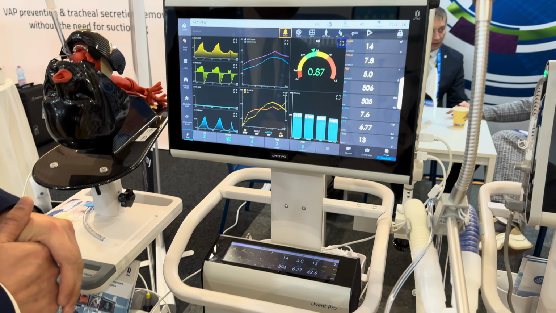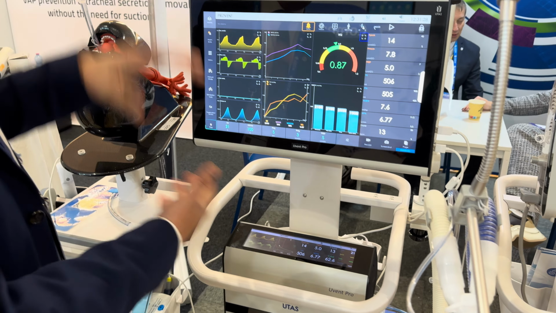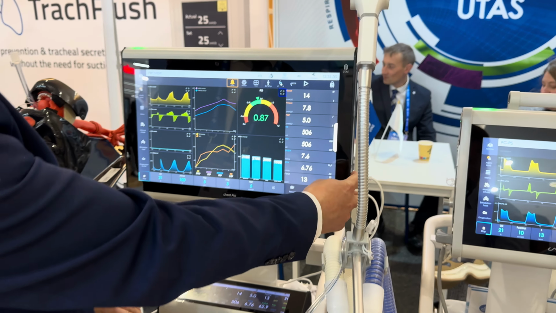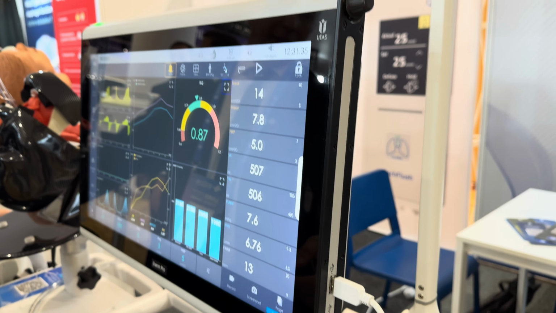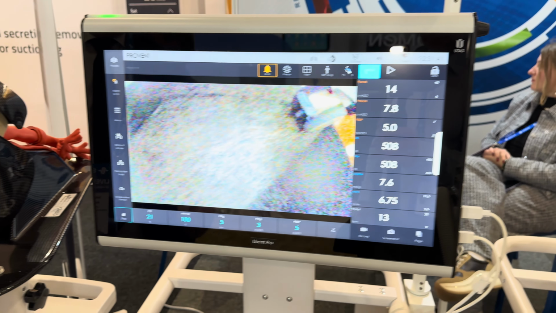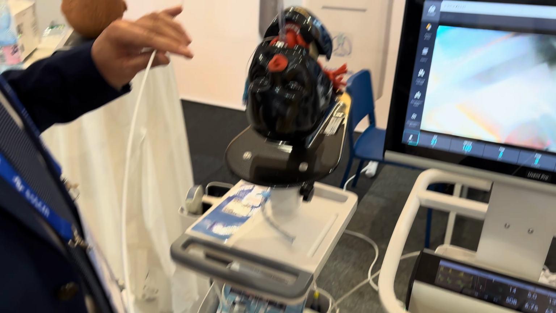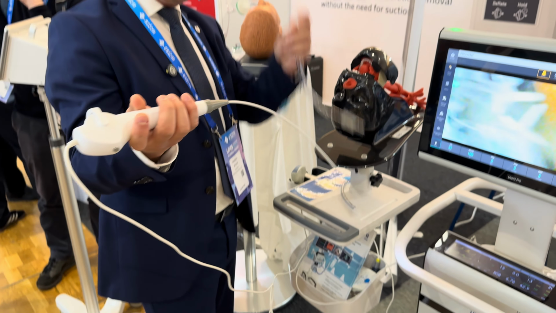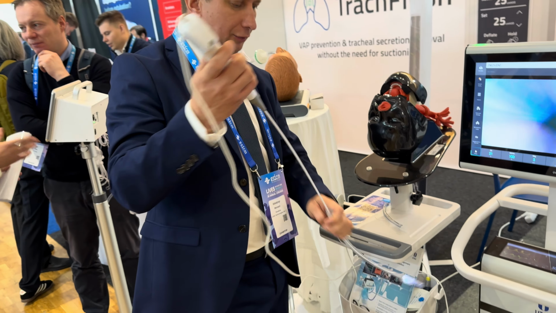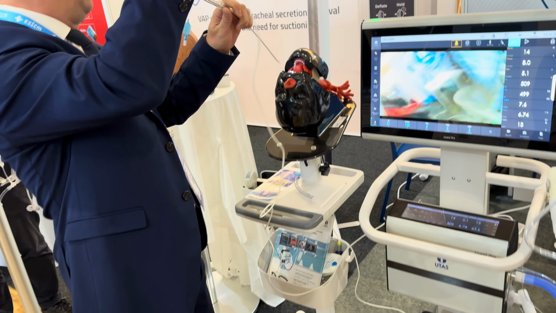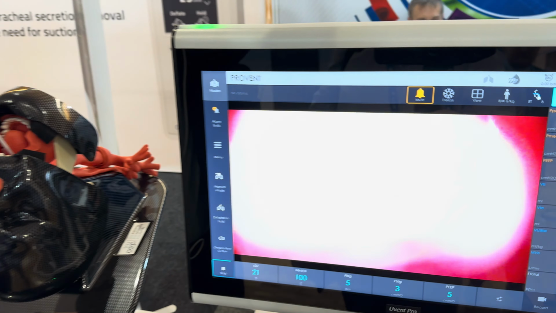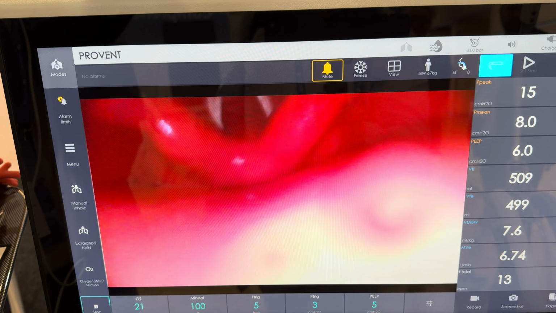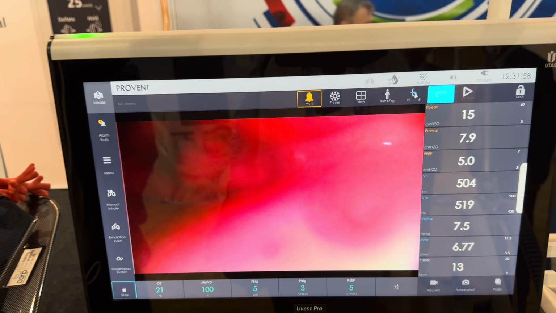The other additional functionality that we have in this ventilator is USB plug and play for additional devices like a bronchoscope or video laryngoscope. So you can use this kind of device for examination of your patient or even intubation with difficult airways, using the same screen of the ventilator.